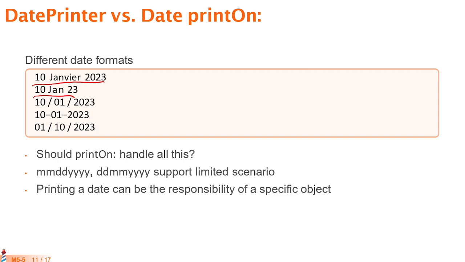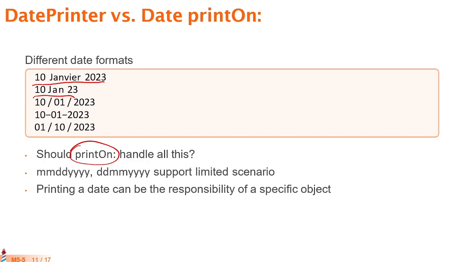And the question is, if we implement all this behavior in the classic printOn: method that is in Date, it will be a little limited. We will have to choose only one and accept that the others are not there.